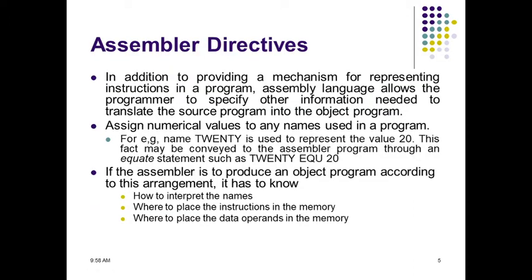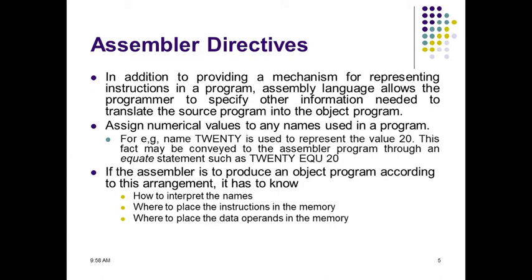The next important concept is assembler directives. In addition to providing a mechanism for representing the instructions in a program, the assembly language allows the programmer to specify other information which is needed to translate the source program into the object program. We have already mentioned that we need to assign numerical values to any names used in a program.